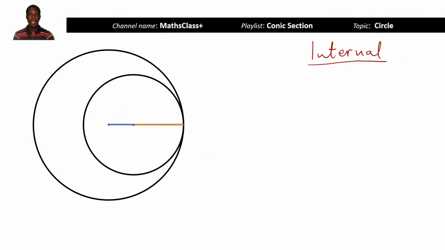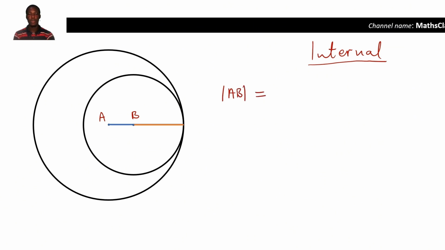If I label the center of the bigger one as A and the center of the smaller one as B, then the distance between their centers AB will be equal to the difference between their radii.